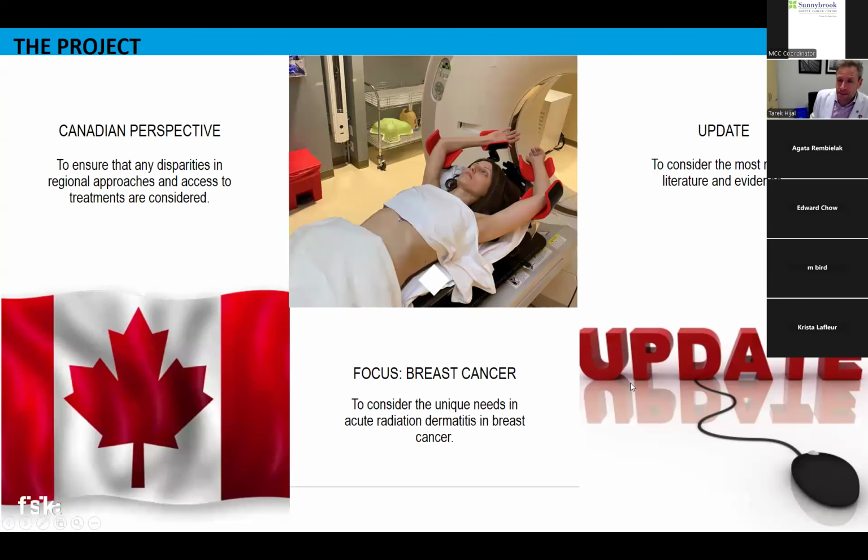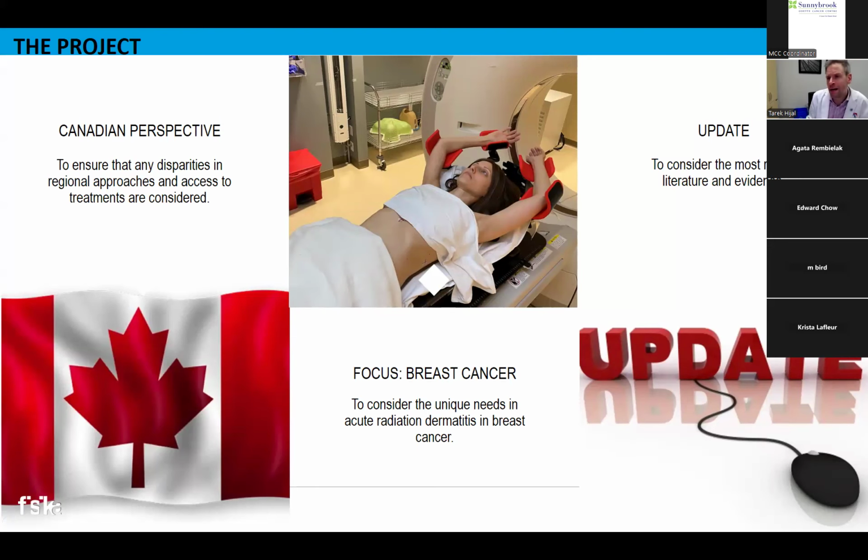So we decided to do a project in Canada with a Canadian perspective, knowing that maybe we don't do the same across the country. And the idea of having a Canadian-wide consensus might help homogenize the practice in Canada.